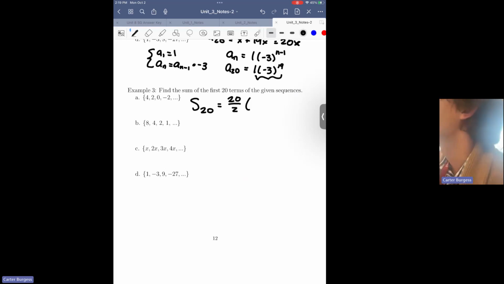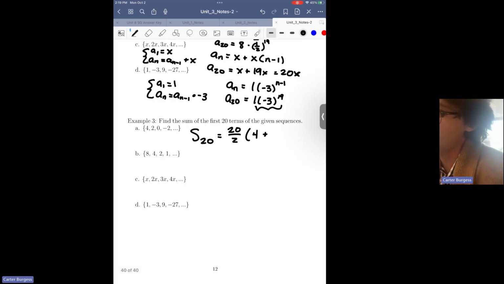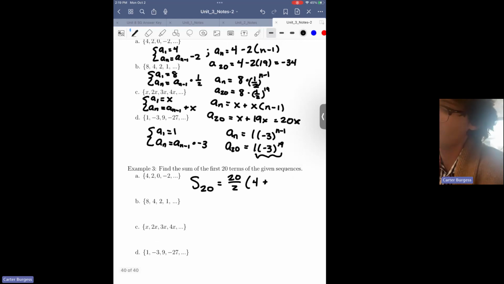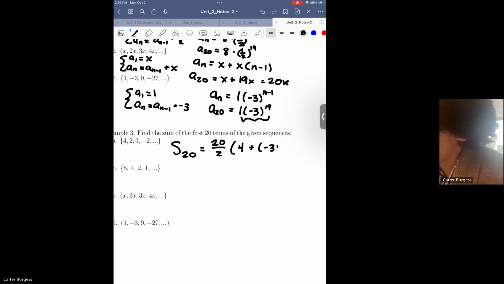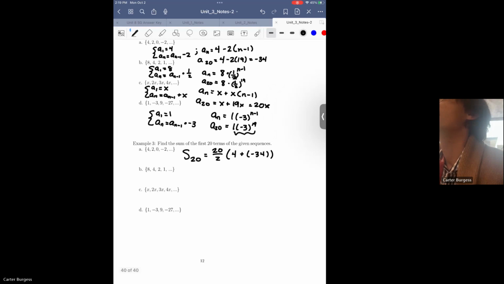And then each pair is A sub 1, which is 4, and then A sub n, or A sub 20, which we found earlier to be negative 34. Ten times negative 30, I get negative 300.